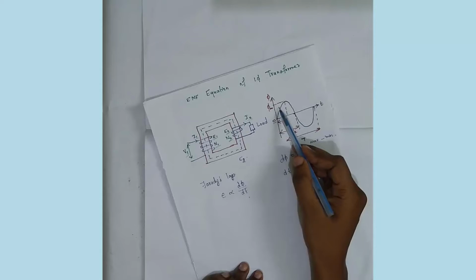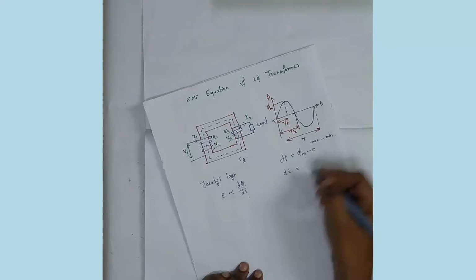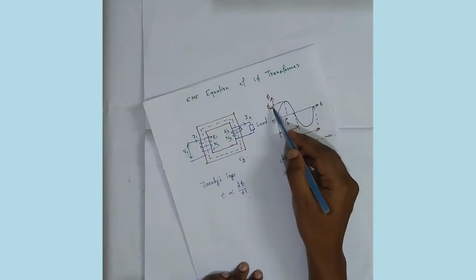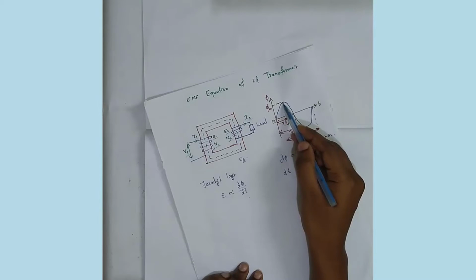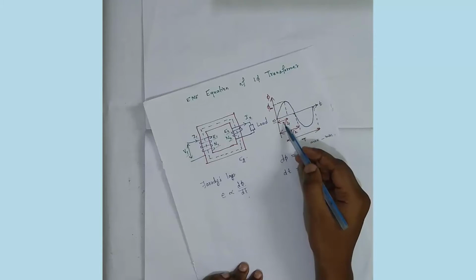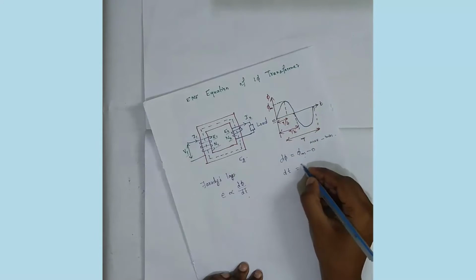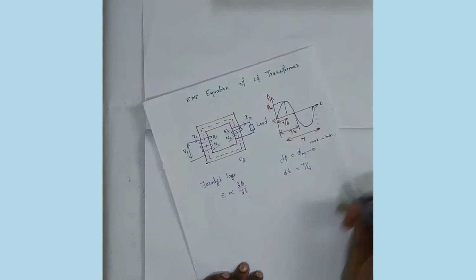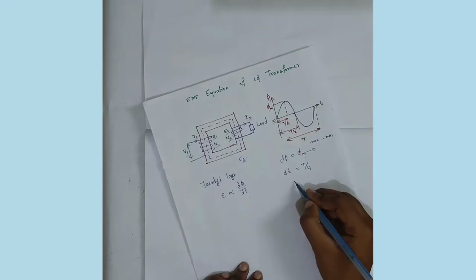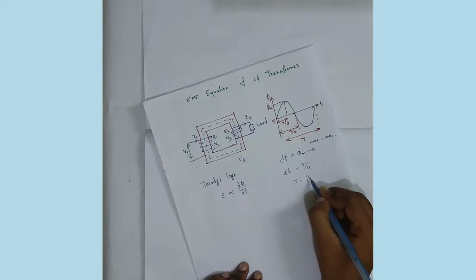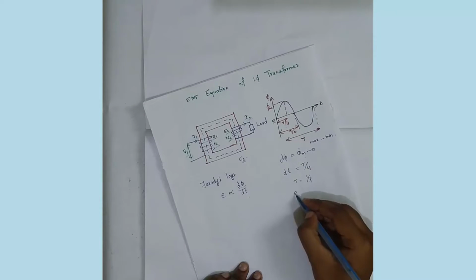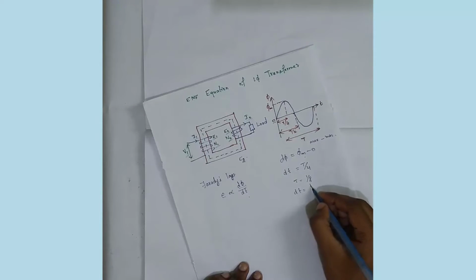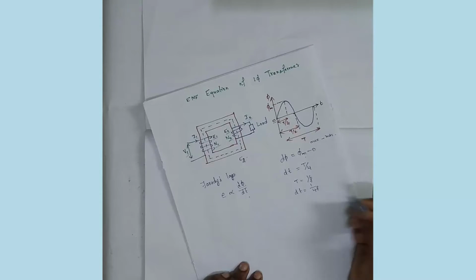At maximum flux, the time value is T by 4. We all know that the time period is 1 by f, so we can substitute here. Therefore dt is equal to 1 by 4f.